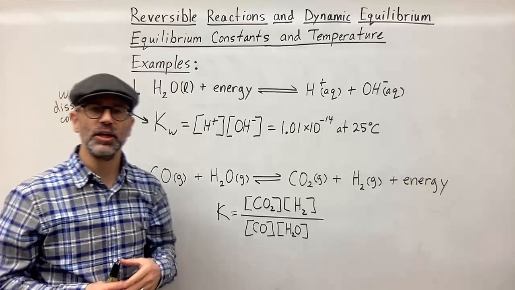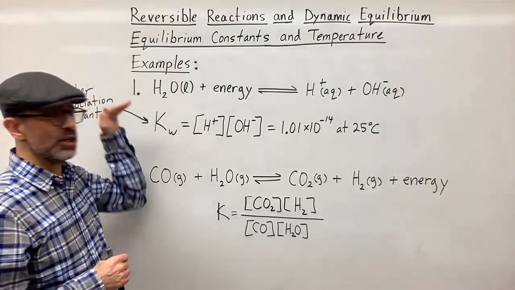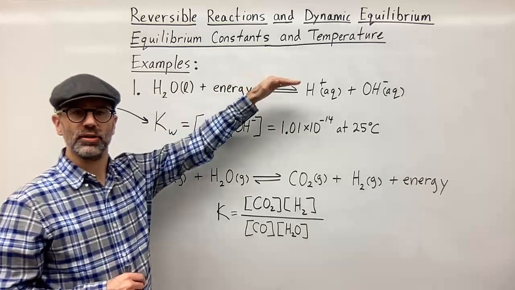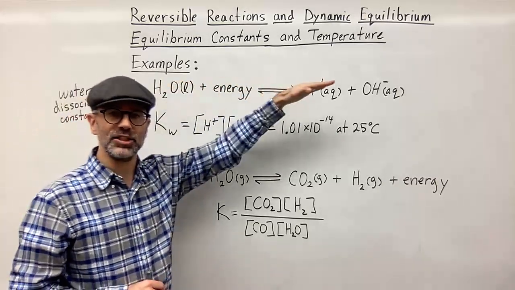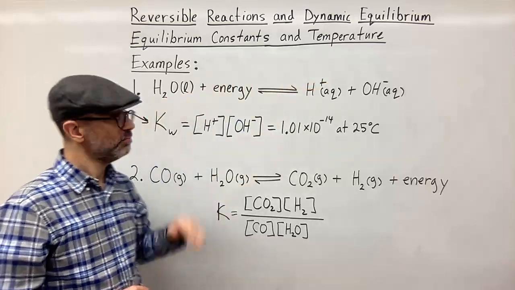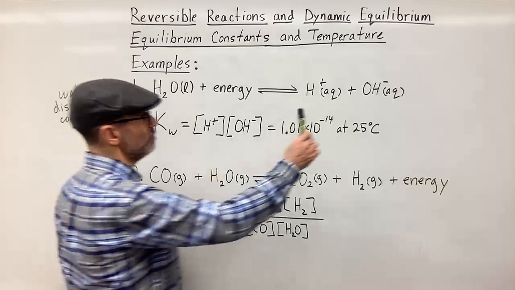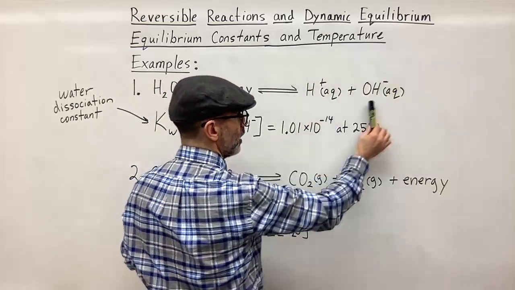Now, what would happen if we increase the temperature? Since this reaction is endergonic in this direction, it's going to favor this direction going forward. So it's going to favor the products.